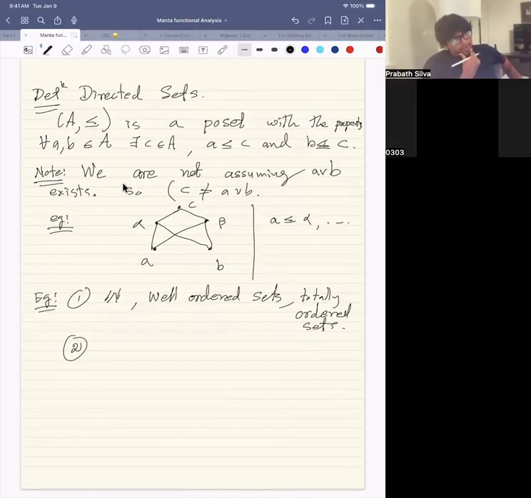Have you seen the definition of a general topological space? Yeah, okay, so you have seen the definition.